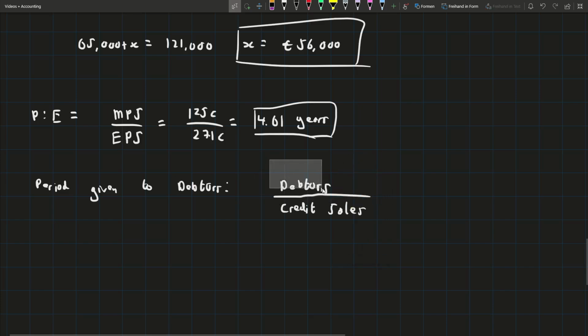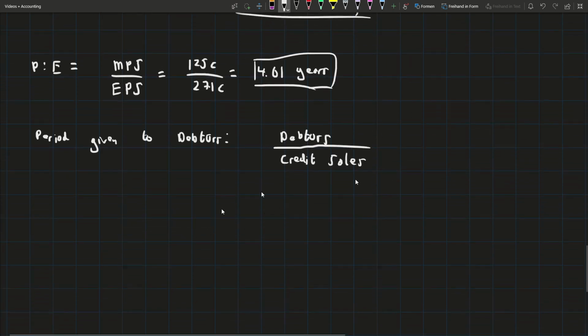We want to see how many of them, out of all of our sales, are debtors, and that'll tell us how long we should give them to pay us back. So to think of this numerically, let's say our credit sales, for example, was 100,000, and our debtors was like 20,000. Because our debtors are a smaller amount compared to our total sales, we don't need to give them as much time.